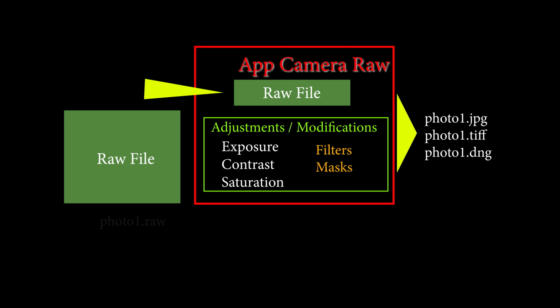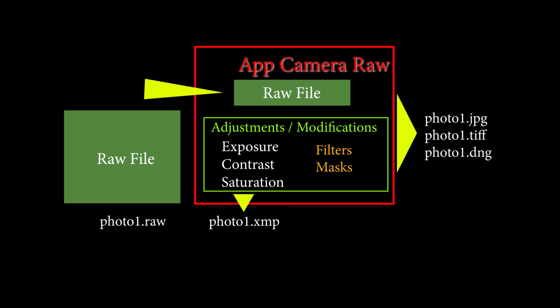Camera RAW creates additional files. For example, if your Camera RAW file is called photo1.raw, the modifications would be stored in a similar name. So for example, it would be called photo1.xmp, which contains the adjustments and modifications to the file that you made in Camera RAW.